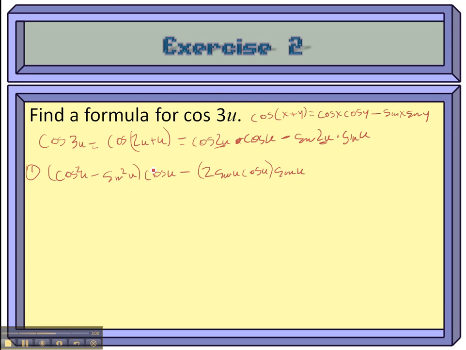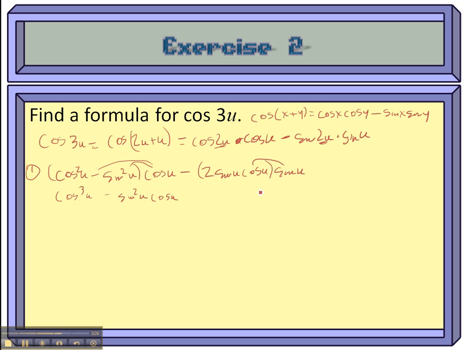Alright, now over here on the left side, just distribute this through and have cosine cubed u minus sine squared u cosine u, minus, and now just multiply this.